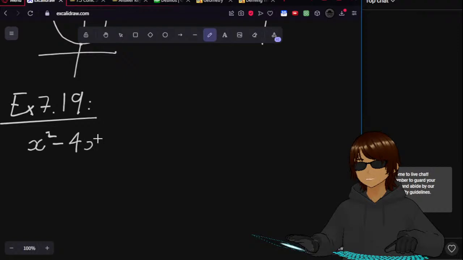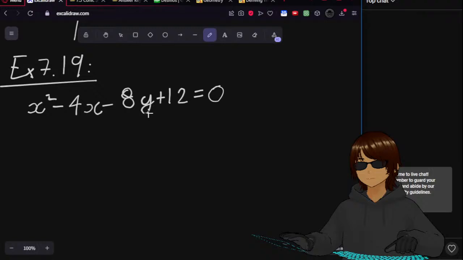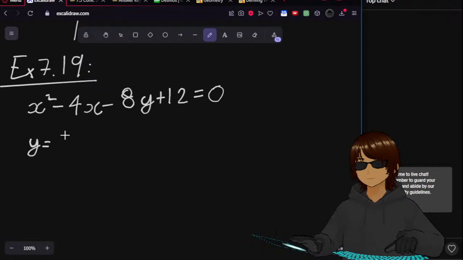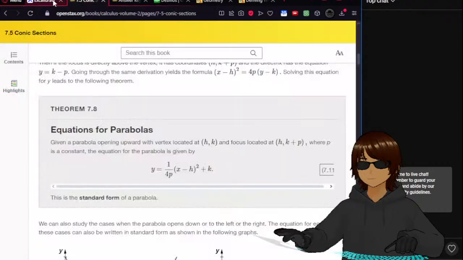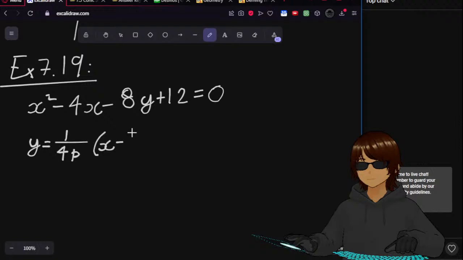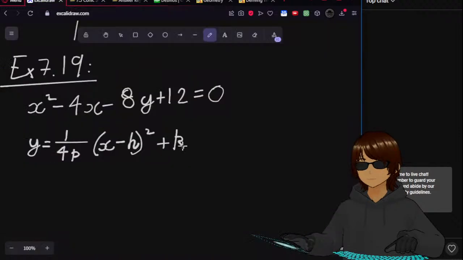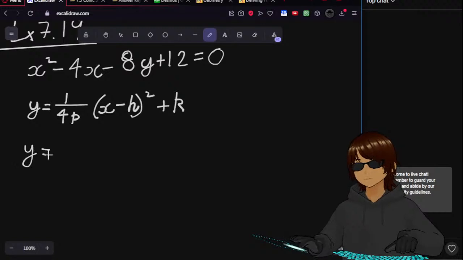x squared minus 4x minus 8y plus 12. y is equal to, plus k. This is x squared minus 2xh.